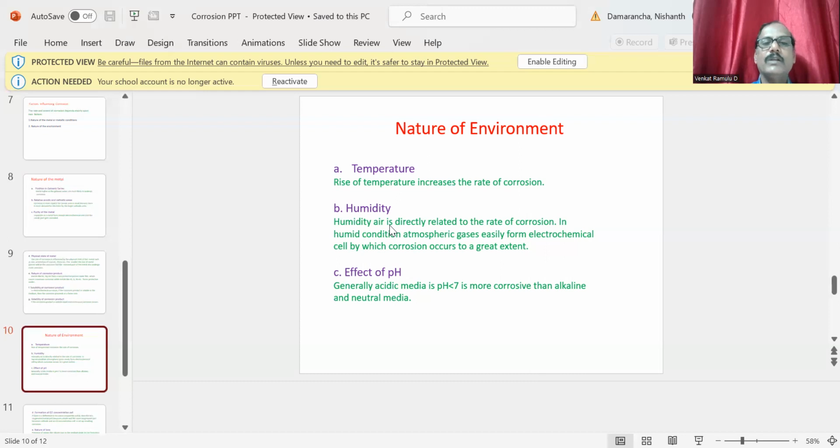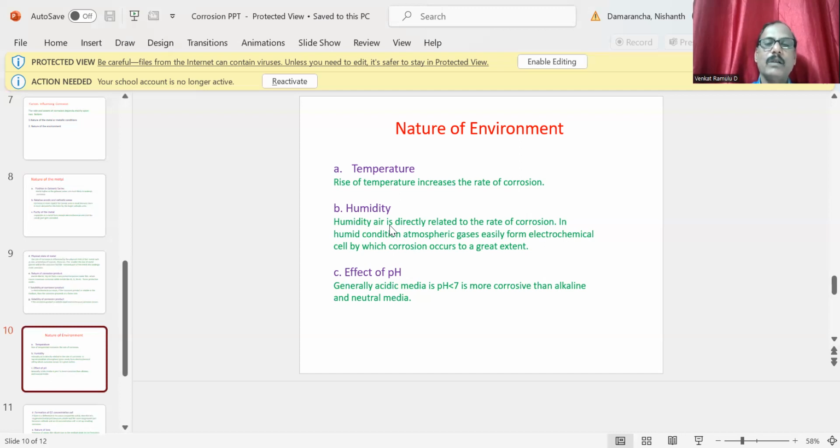Then the third effect is effect of pH. The nature of the environment is also going to decide the rate of corrosion. An acidic environment is more corrosive than alkaline and neutral medium. Whenever pH is less than 7, the corrosion rate will be more.